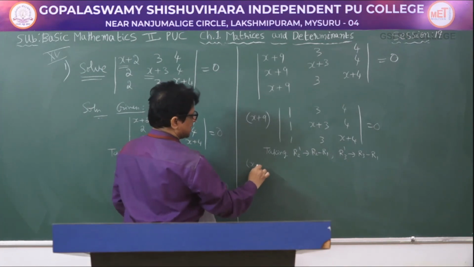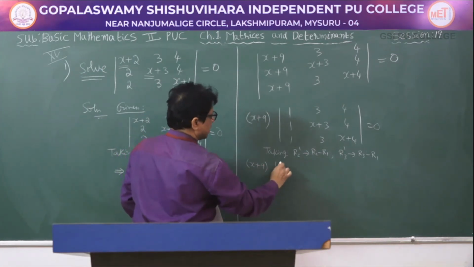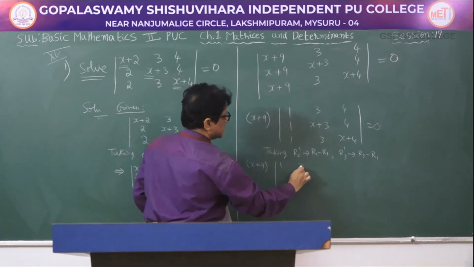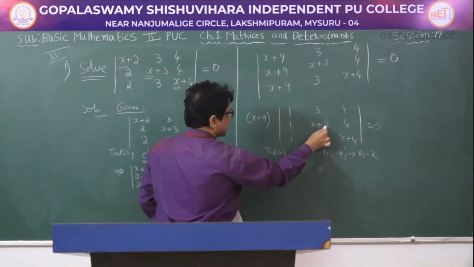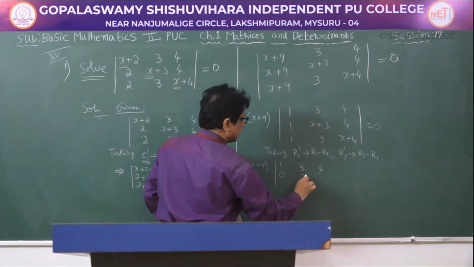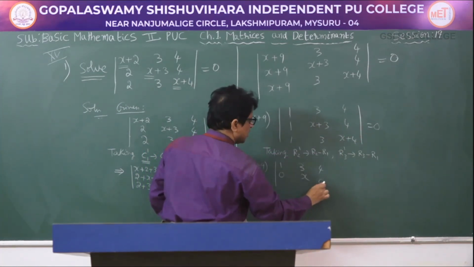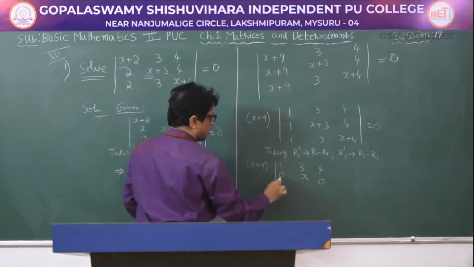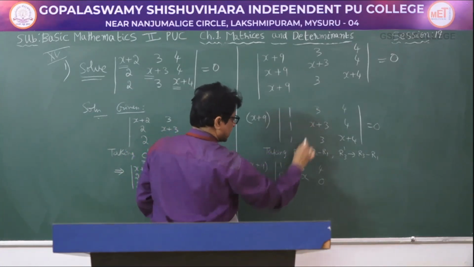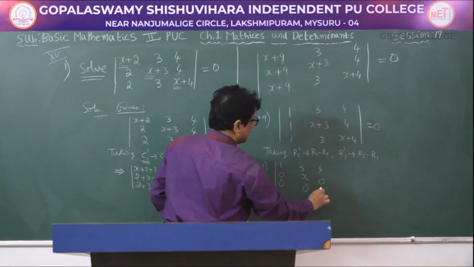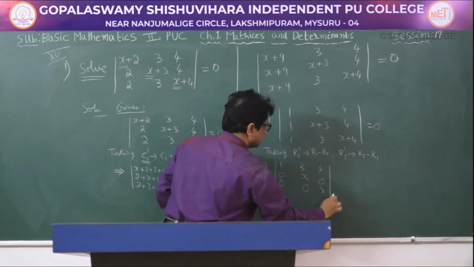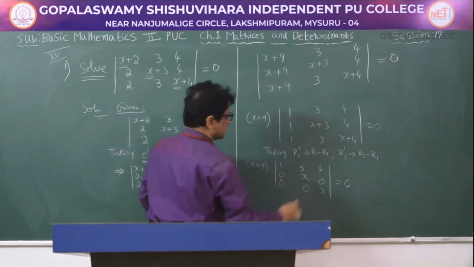So, x plus 9 into determinant of, here first row remains as it is, 1, 3, 4, then 1 minus 1, 0, x plus 3 minus 3, we get x, 4 minus 4, 0. So, 1 minus 1, 0, 3 minus 3, 0, x plus 4 minus 4, we get x. That will be equal to 0.